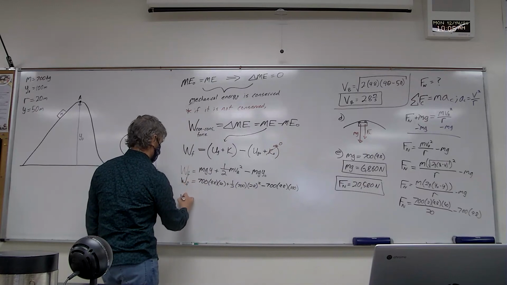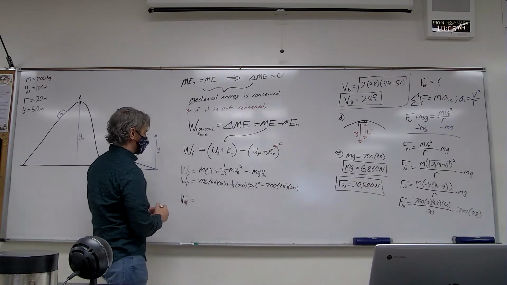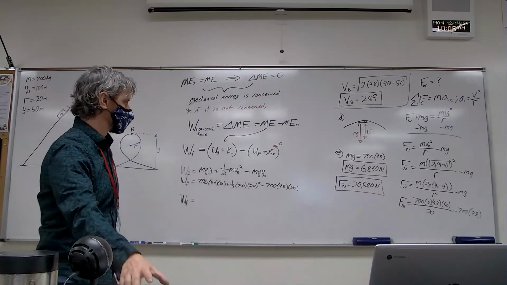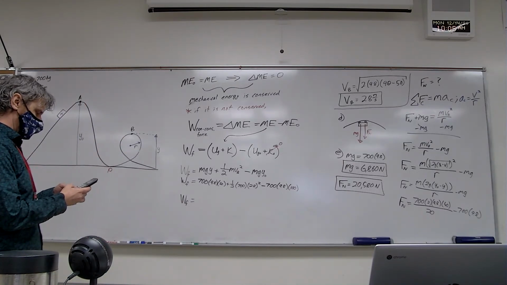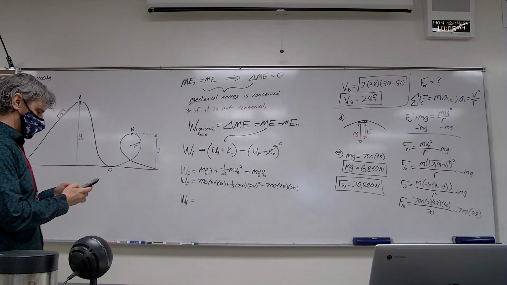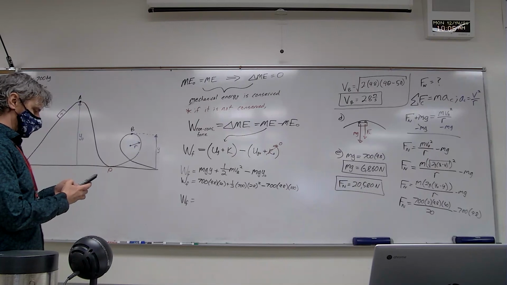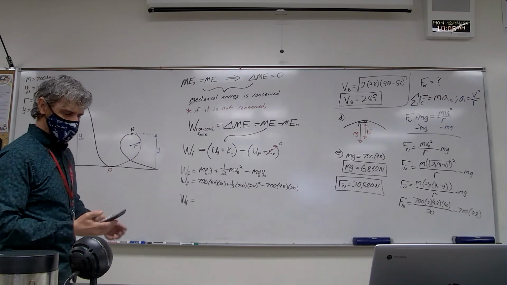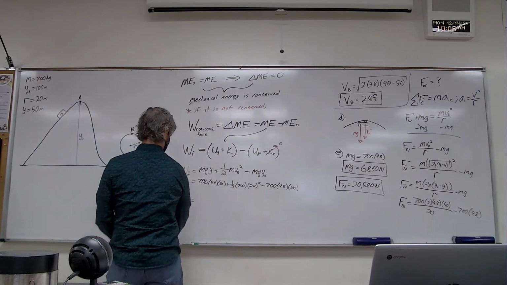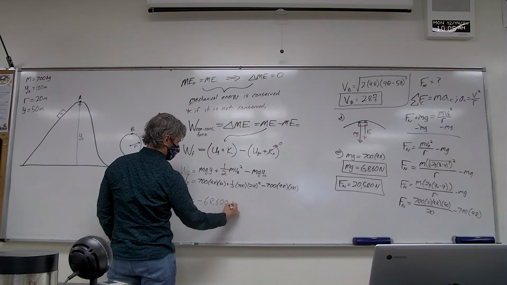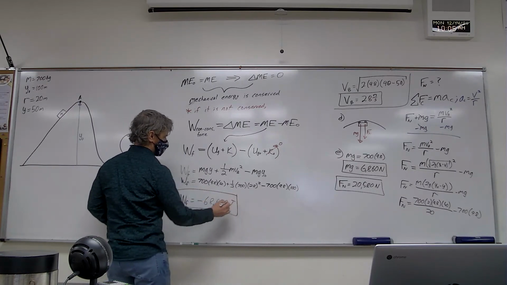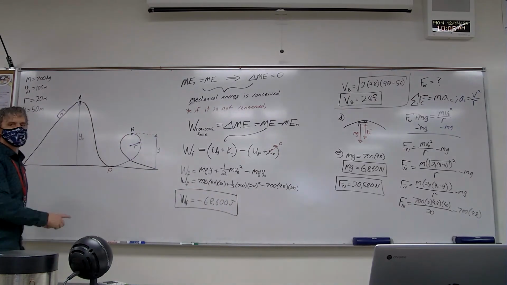And then we plug all that in, and we get that the work done by friction is negative 68,600 joules. So that's the difference in the energy there.